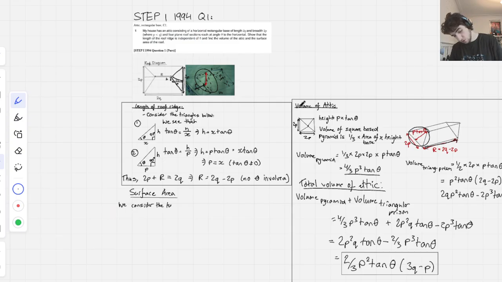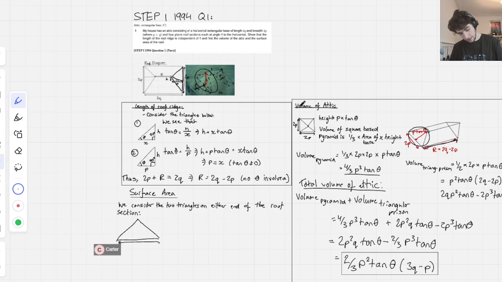the two triangles on either end of the roof section. Right. So effectively, we want to consider this triangle here, so it will look something like this.